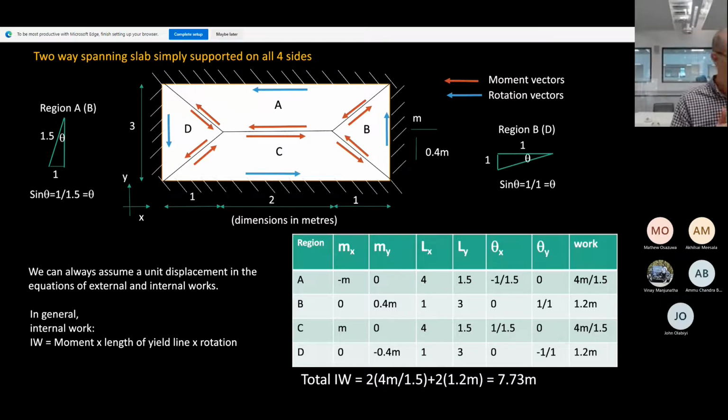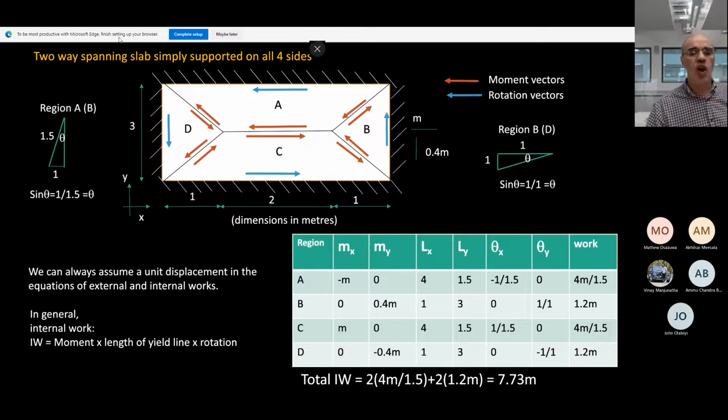Good. Now let's look at the moment. The moments will be at the yield lines. So we have 1, 2, 3 lines. Look at the first line here. Remember, the moment is a moment of resistance.